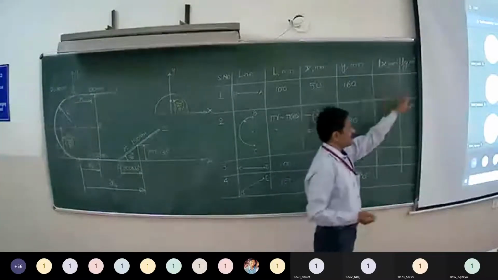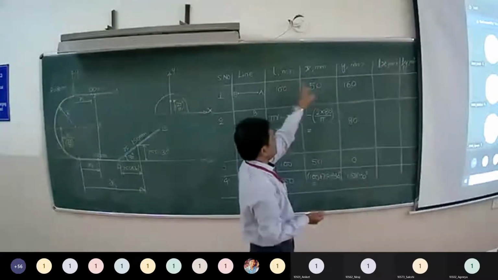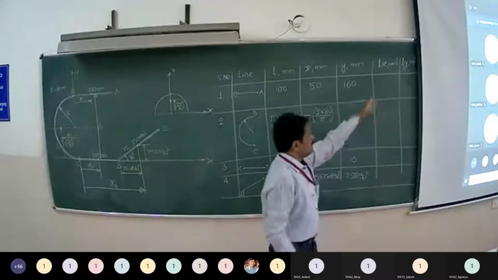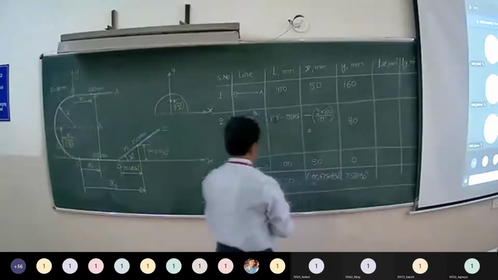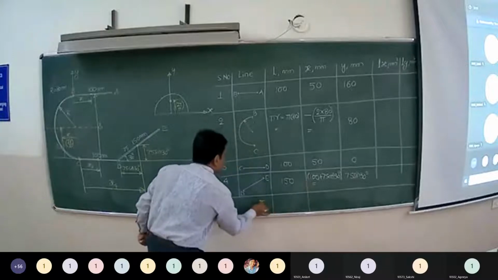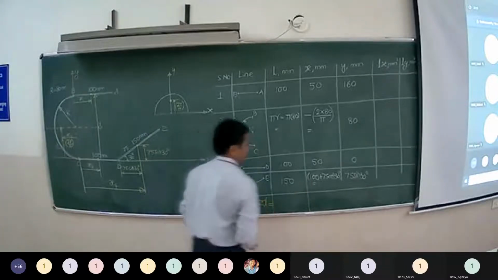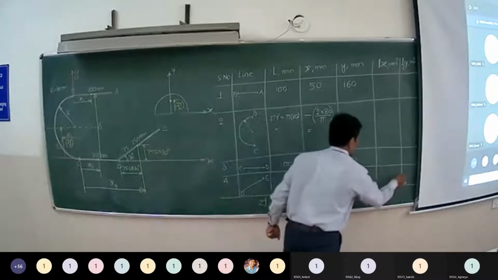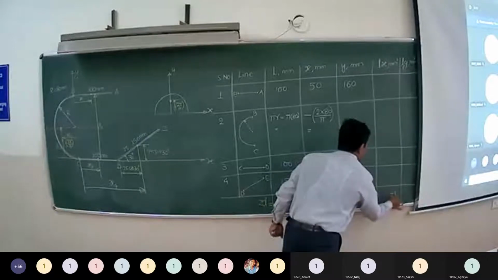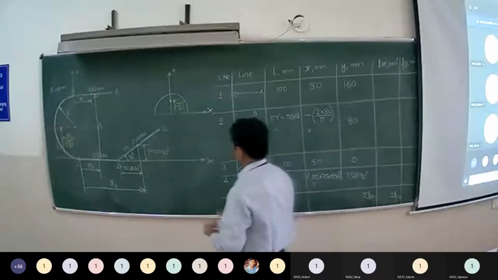First multiplication L into x, L into y, then summation. You have summation L, summation Lx, summation Ly.